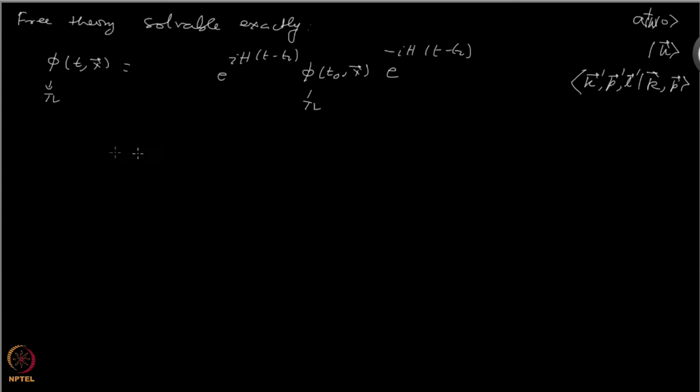So, what we will do is, we will start with this field configuration phi at t naught, x. So, some field configuration is given to me. See, giving a field configuration at some time t naught is not telling a lot. You just choose some field configuration.